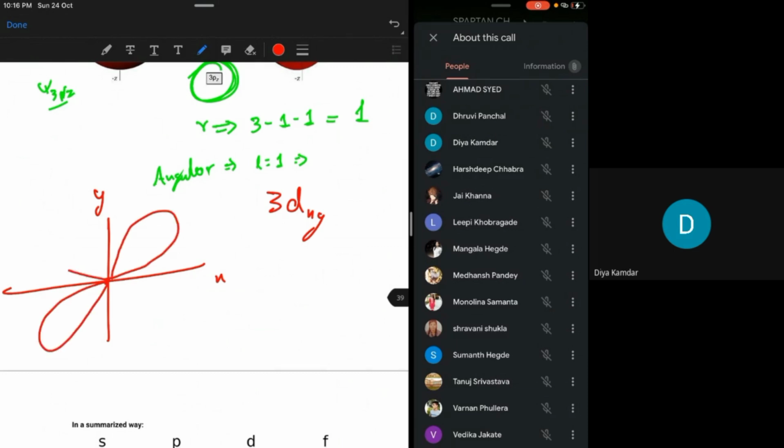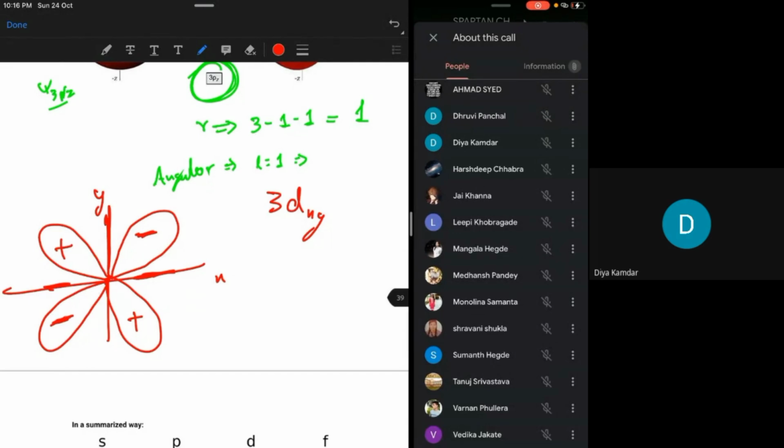If this is plus, and there is a node here, there should be minus, and after minus, if you go here, it should again become plus, and since again there is a node here, it should again become minus. So just as there is a node, there is sign change.